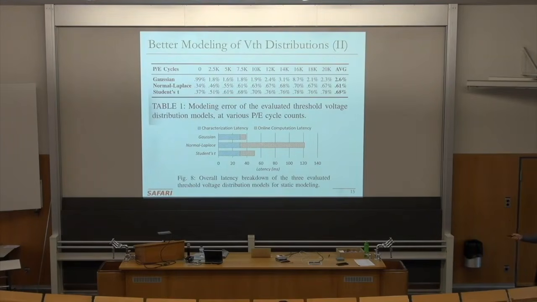So this is the latency that you need for online computation of the distribution. So it turns out normal Laplace is much worse. But you can read the paper for more detail. Gaussian is easiest, but it doesn't give you a very good error rate. So student's t is a good compromise between computation latency of the distribution during online operation and the error rate that you get in the end.